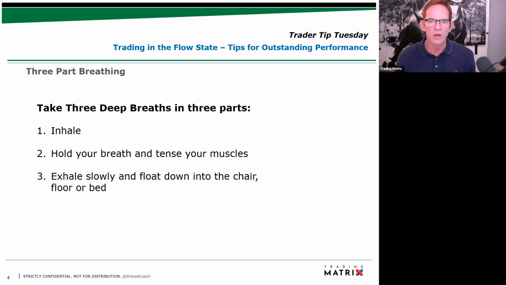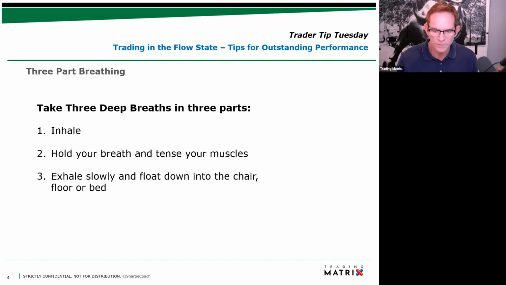And another breath, I'll contract my leg muscles, my calves, my hamstrings, my glutes. But we're going to hold our breath. We're going to tense these muscles. Then we're going to exhale slowly, letting the muscles release. And each time we do, we're going to float down into the chair or into the floor, becoming heavier, becoming one with the chair, becoming one with the floor.